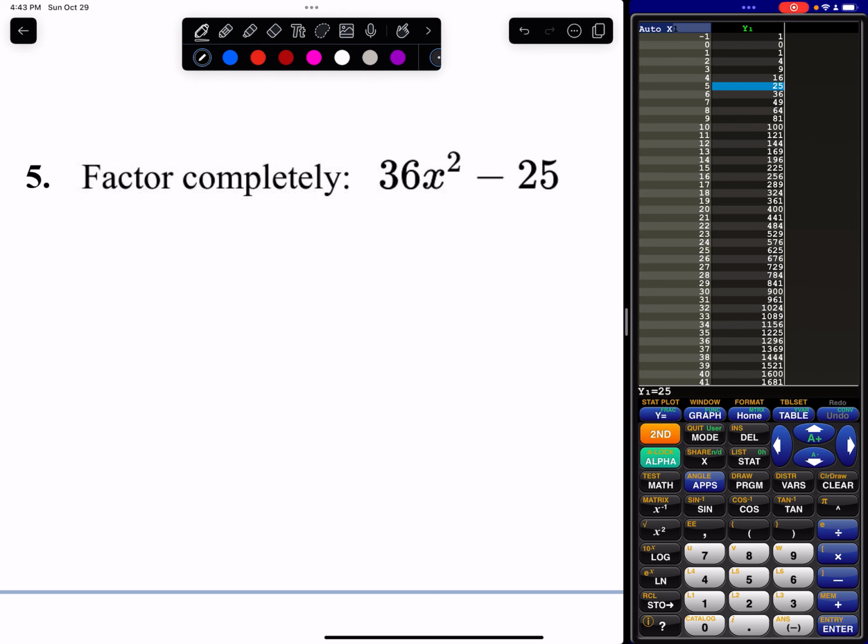So now I know that it's going to be a product of two binomials. In this case, we've got 6x plus 5 and then 6x minus 5. And then we're finished with that.